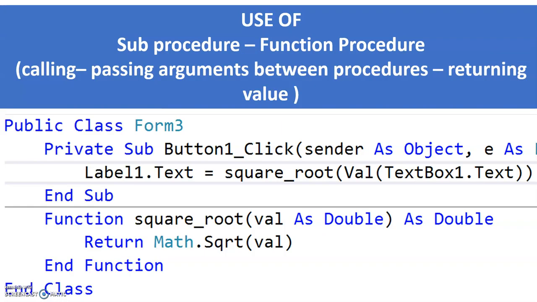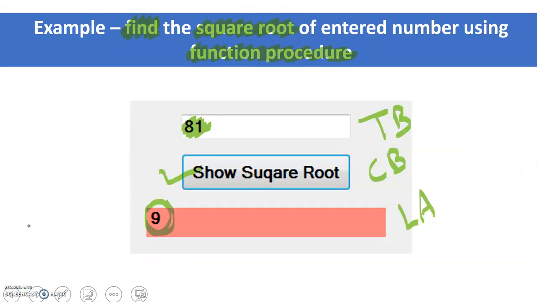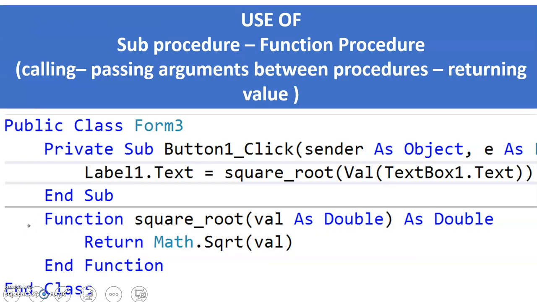Here we have a small code. It is a very simple example, but we will learn lots of things in it. First, we will see the sub procedure and the function procedure; both are used in this example.